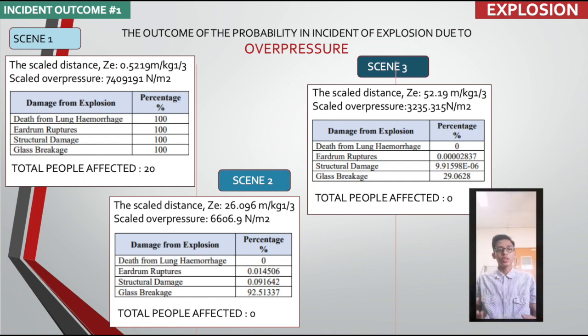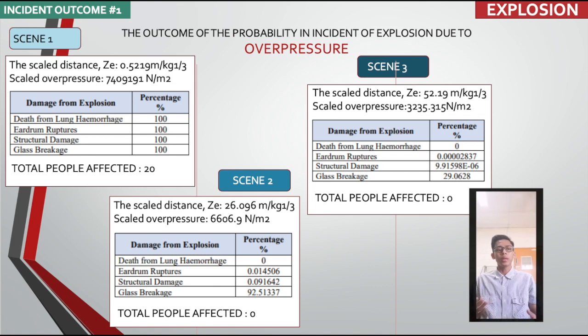Now, we move on to scene 3. In the worst case scenario, the distance from the ground zero point is 1000 meters from distillation column C202. The scaled distance is calculated to be 52.19 meter per cube root kilogram, with the scaled overpressure of 3,235.325 Newton per meter square.